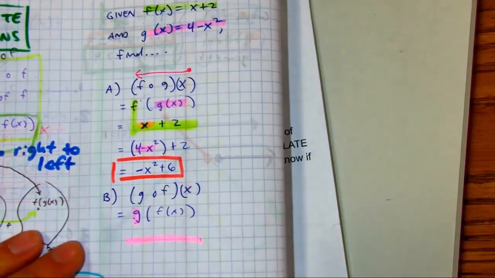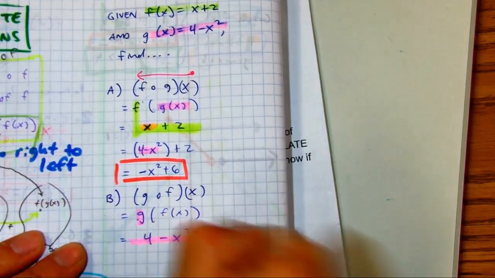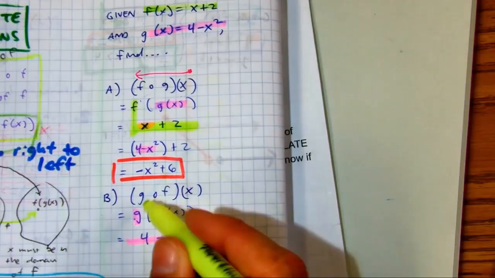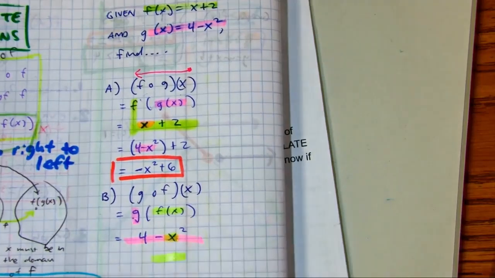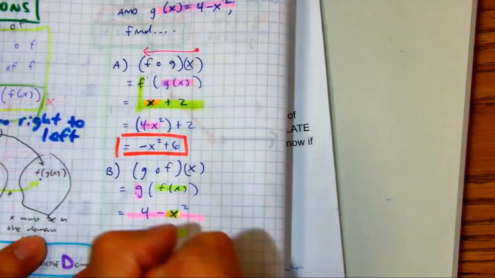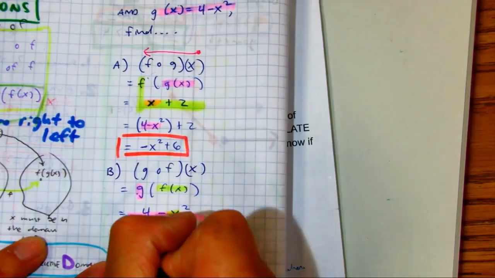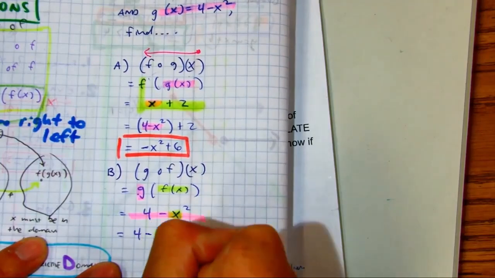Tell it to me. 4 minus x squared. And instead of writing x, what am I going to write, class? What's your f of x? X plus 2 squared.